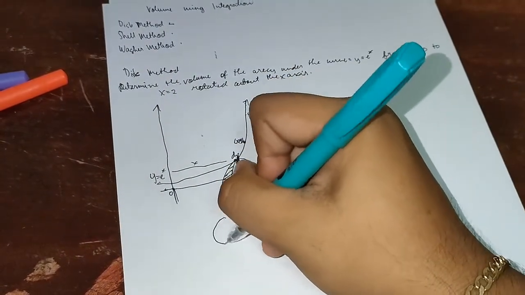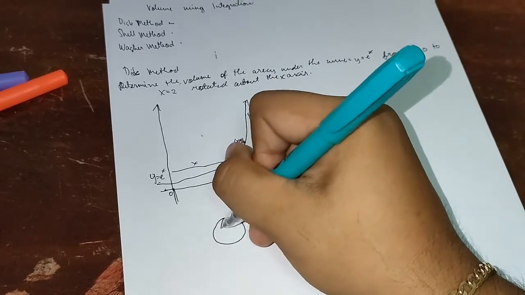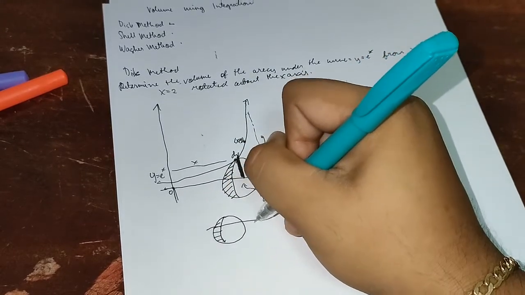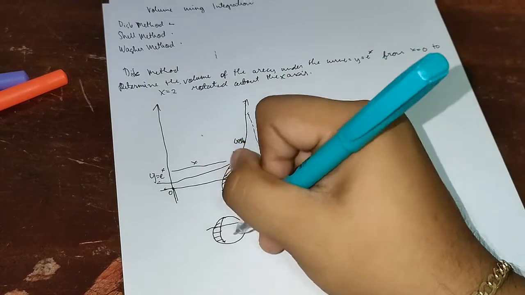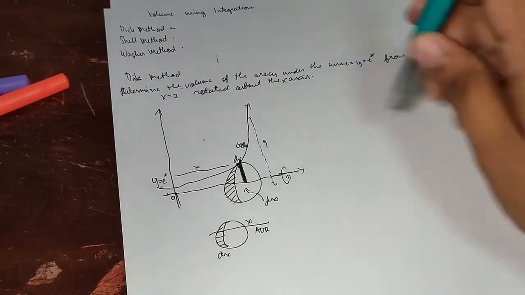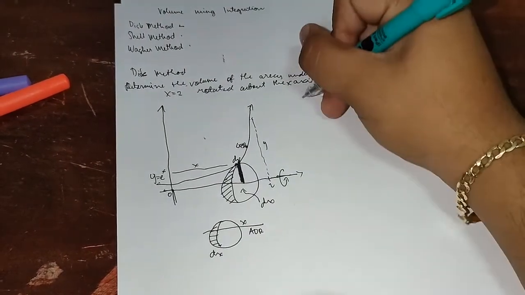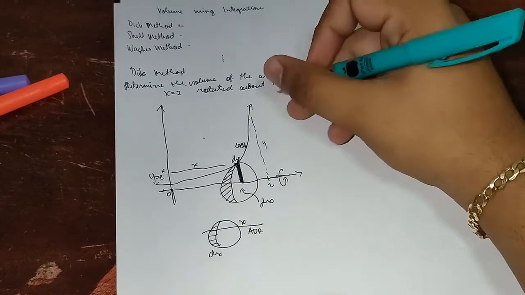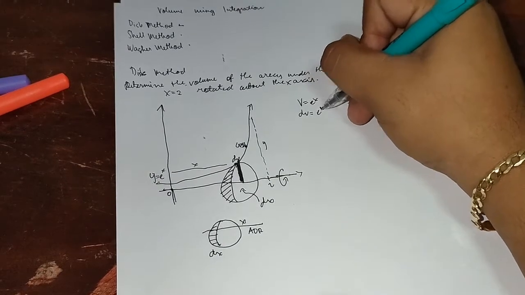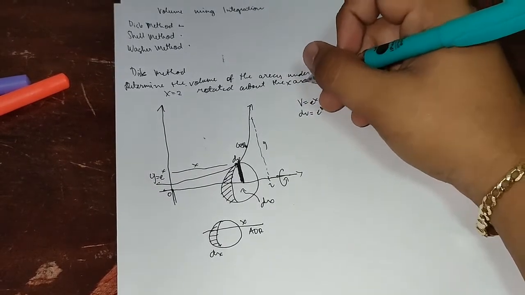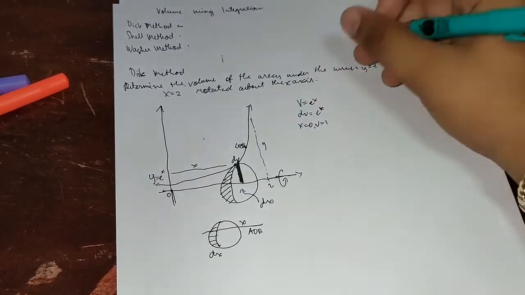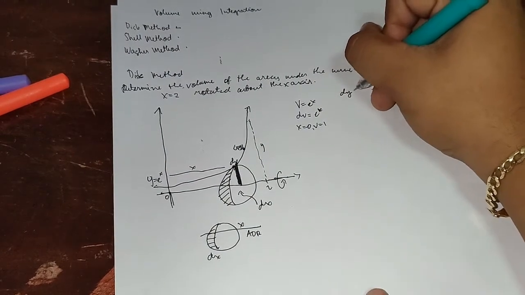I'm going to draw the disk here. The radius is y equals e to the x, with x from 0 to 2.